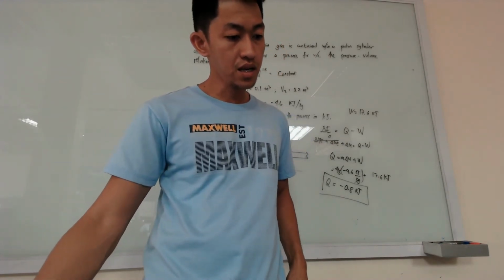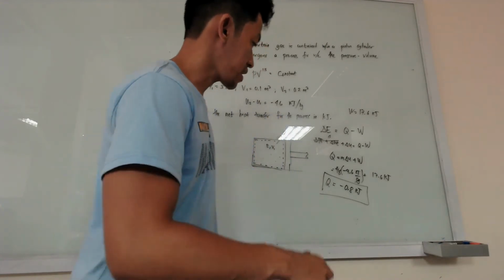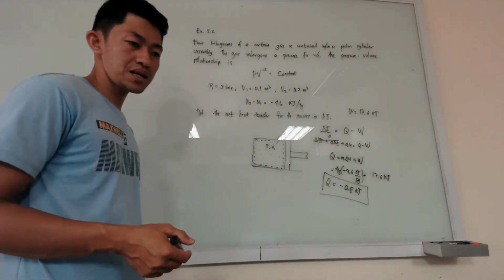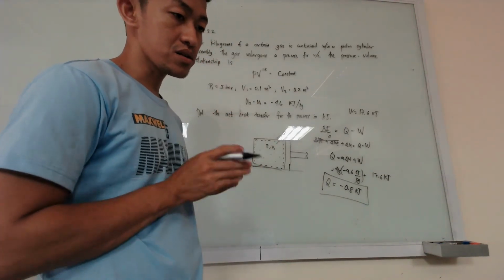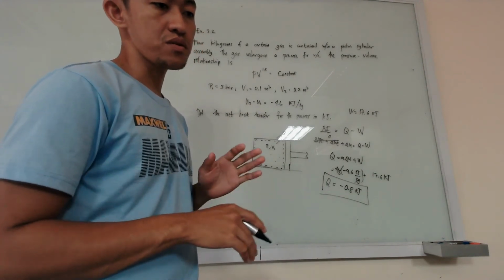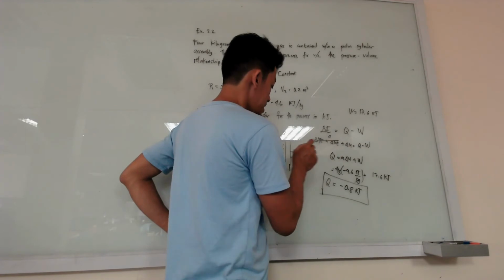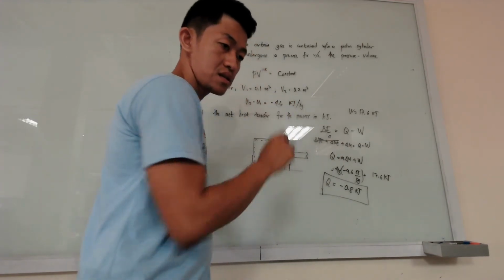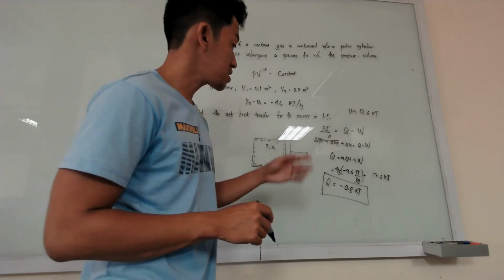Negative 0.8. Okay, so negative. Is that okay? Is the answer wrong? Negative. Now, it is negative because it is going out of the system. So, always remember the convention. So, positive means going out, no? So, it is okay. That is the answer, no?